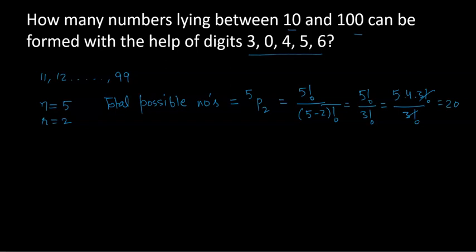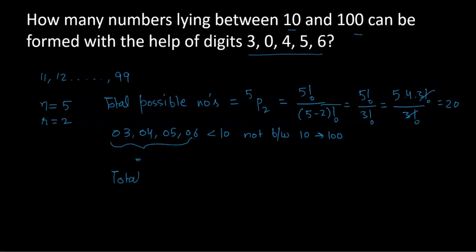But out of these, there'll be certain numbers which will be formed like 03, 04, 05, 06. These numbers are less than 10 and they are not between 10 and 100, right? So out of 20, these 4 numbers need to be removed.